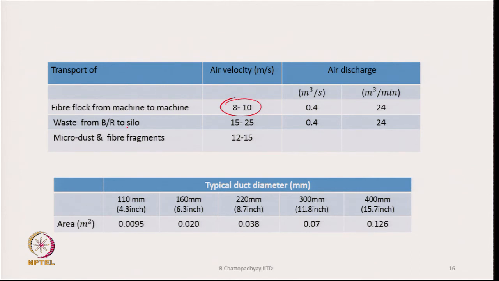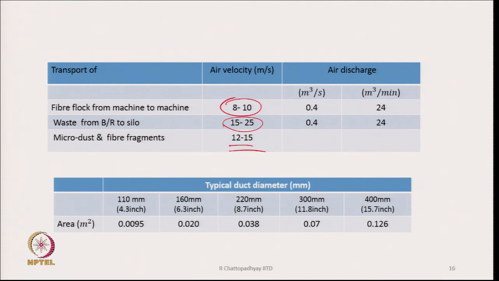For the waste from the brood room to the silo, you need a higher velocity, 15 to 25 meters per second, and the air discharge rate is more or less similar. For the micro dust of fiber fragments, we need a velocity of 12 to 15 meters per second. So, these are the typical velocities that we keep or that are required in the transport duct.